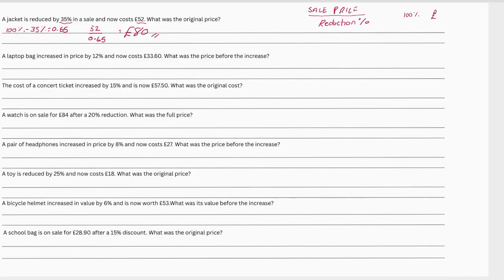So that's really straightforward. The laptop bag increased in price by 12% and now costs £33.60. What was the price before the increase? So we can't use that formula because there's no reduction. It's an increase. So to do this, we're going back to that 100%. We're now working in pounds.